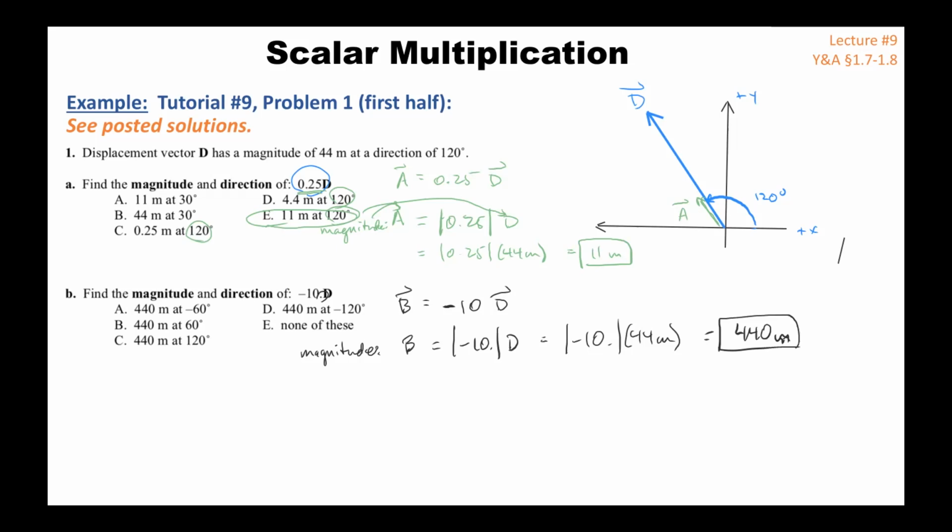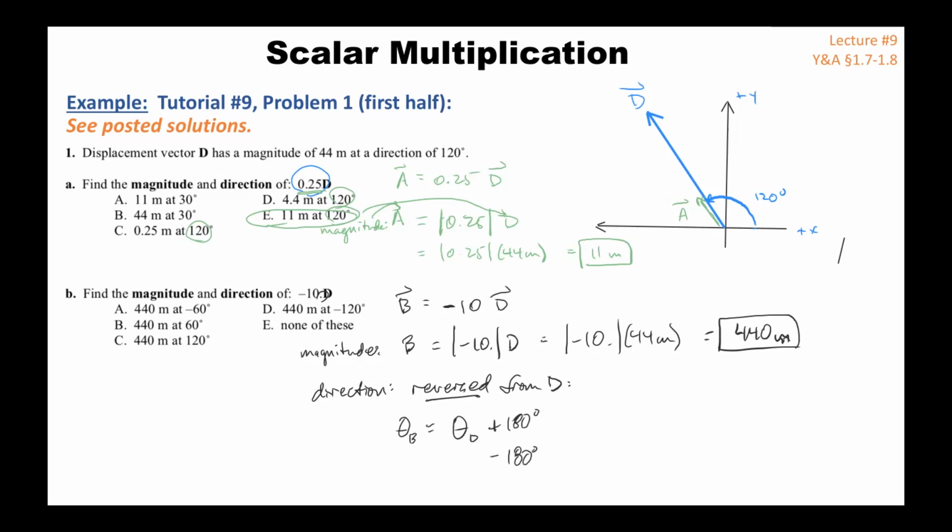How about the direction? Notice that negative 10 is negative, so therefore we need to reverse the direction from D. So if vector D was at 120 degrees, then the direction of vector B is going to be equal to the direction of vector D, either plus 180 or minus 180.